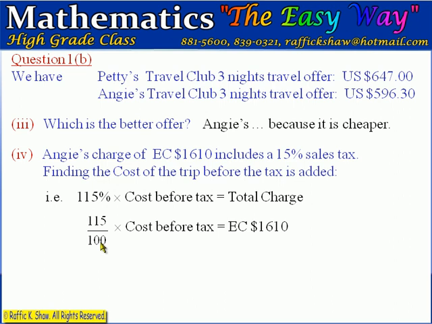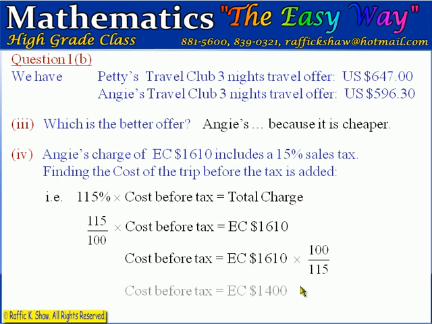And if you simply transpose by multiplying both sides by 100 and then dividing both sides by 115, we see that the cost before tax will be equal to this total multiplied by 100 divided by 115, and therefore the cost before tax is EC $1,400, and that's the answer for this question.